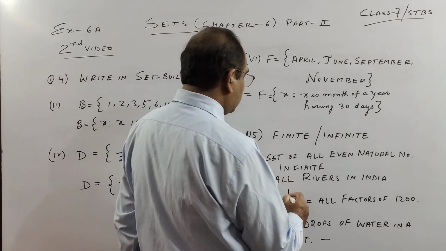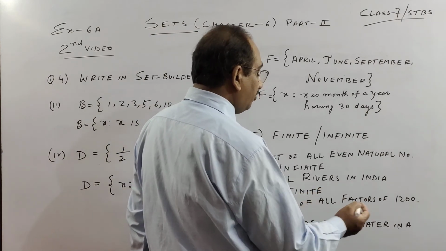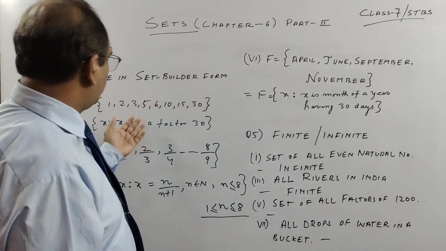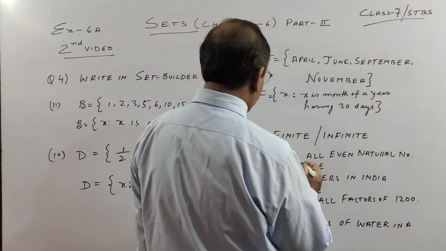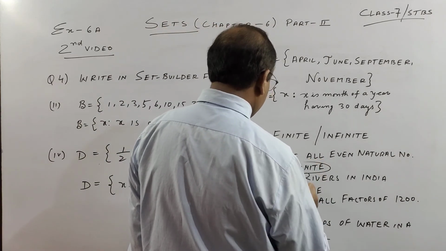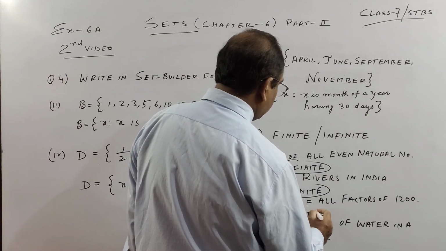All rivers in India, children, these are finite. You can count how many rivers we have. Set of all the factors of a number: I showed you, any number will have a finite number of factors. So the first is infinite, this is finite, this is again finite.